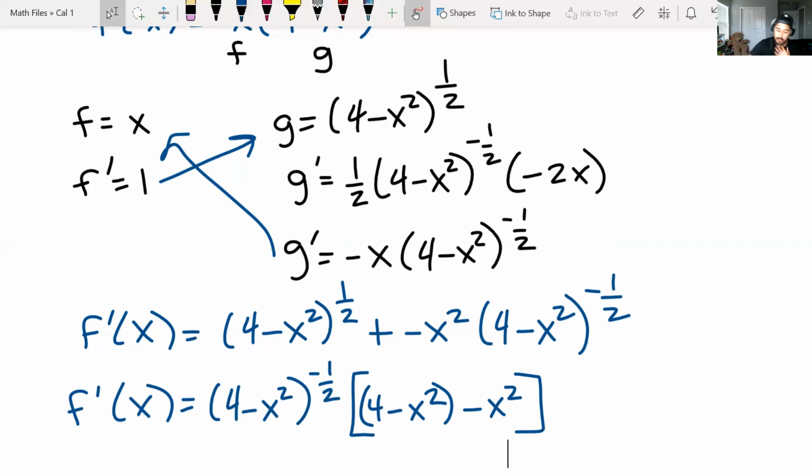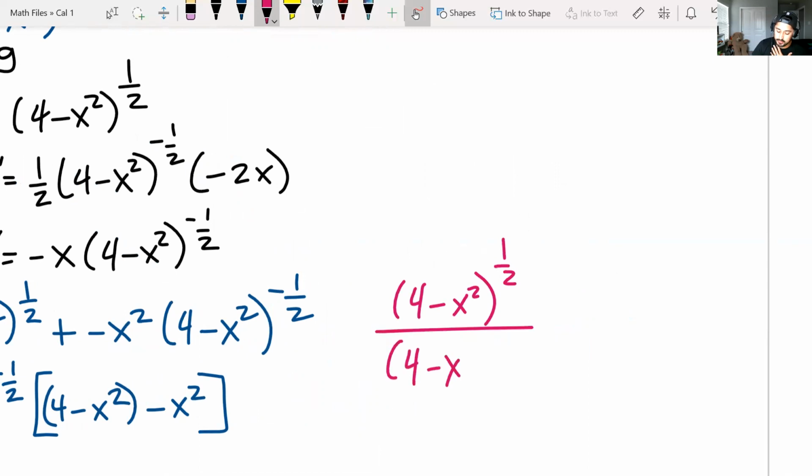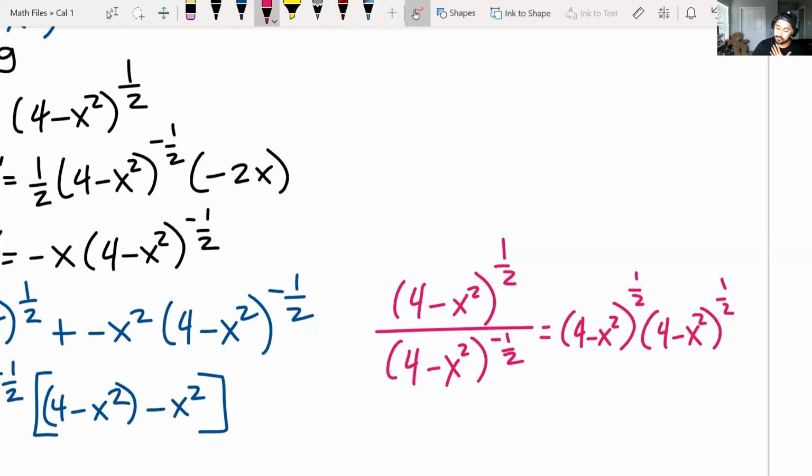Okay. If you don't know what I'm talking about, I'll write that down really fast. So you have 4 minus x squared to the 1/2 over 4 minus x squared to the negative 1/2. That becomes 4 minus x squared to the 1/2 times 4 minus x squared to the 1/2.